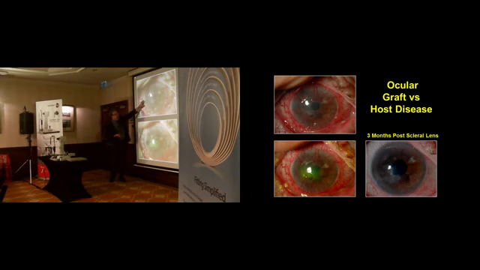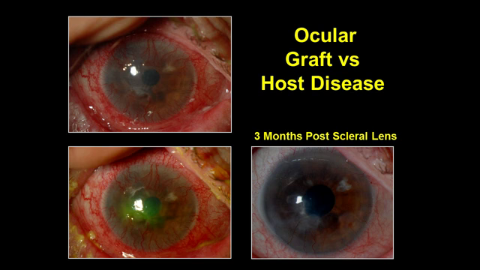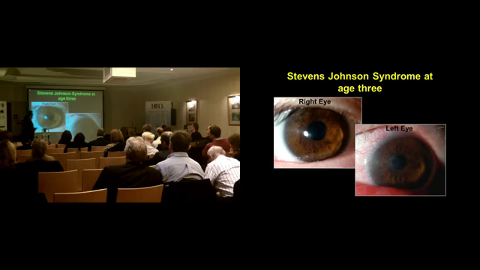Here is a patient with graft versus host disease, and here is that same eye 3 months after wearing the scleral contact lens. A dramatic difference in both the patient's symptoms and in their ocular appearance.